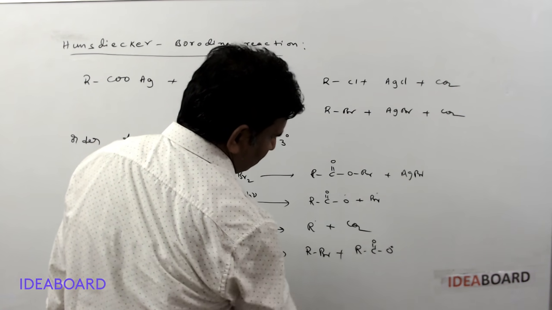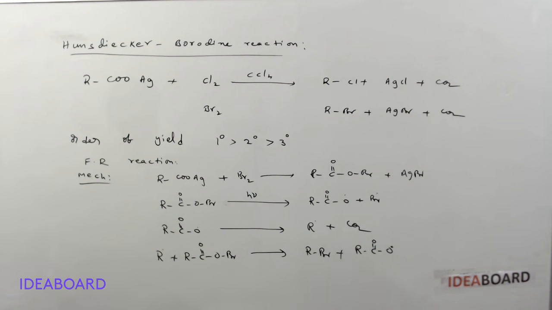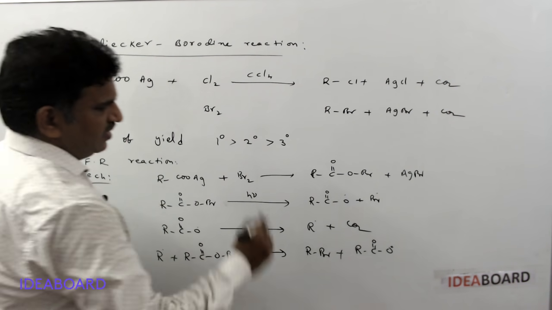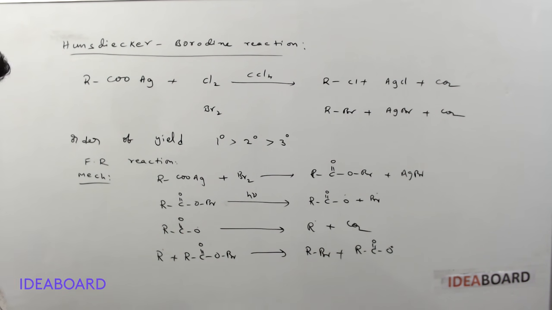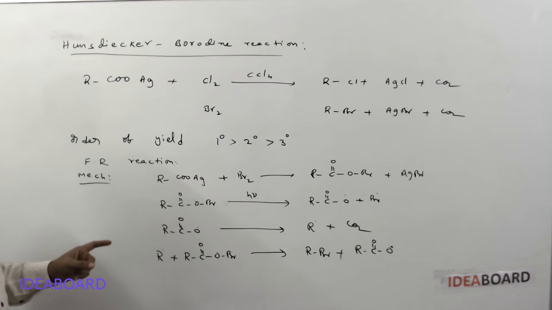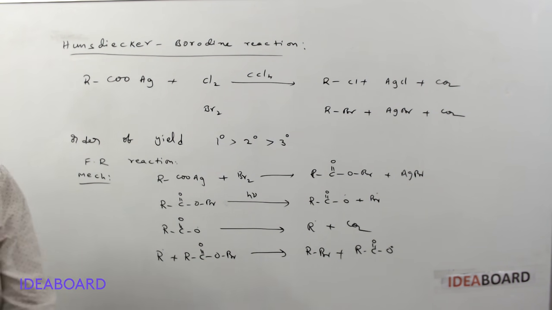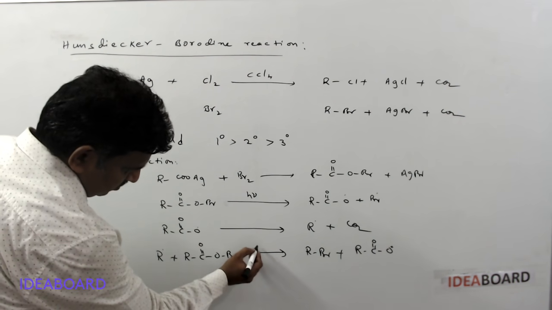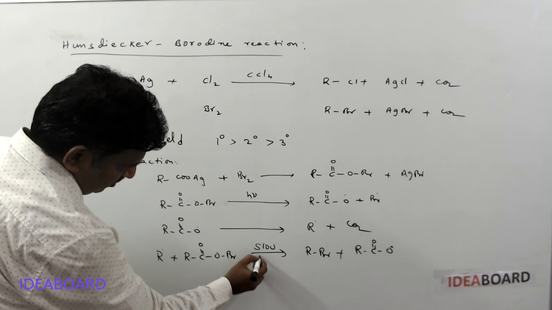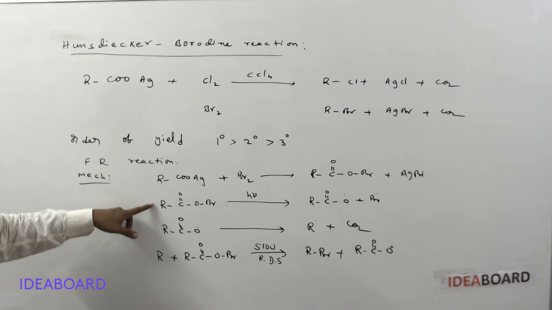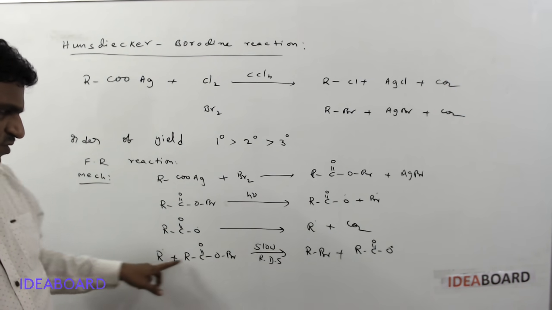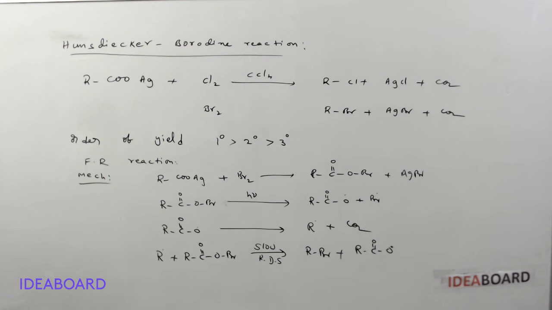In this way we get alkyl bromide, or if chlorine is taken, alkyl chloride. So this is the mechanism occurring in the Hunsdiecker-Borodin reaction. In this process, this is the slow step, the rate determining step. This is called the chain initiation reaction and this is called the chain propagation reaction.